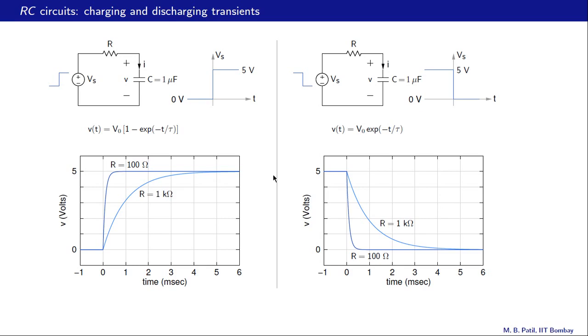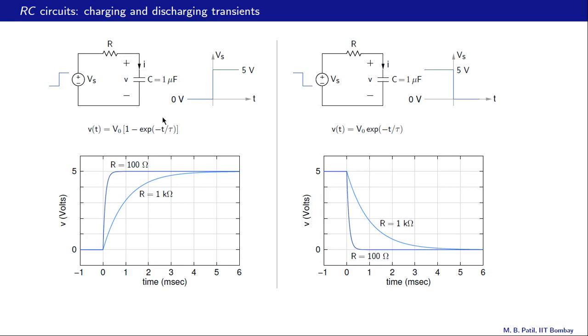Alright, now let us look at the second case, namely R equal to 100 ohms, that is 0.1 k. What is the time constant in this case? It is 0.1 k times 1 micro, that is 0.1 milliseconds. Now in this case, we expect the transient to last for 5 times 0.1 milliseconds, that is 0.5 milliseconds.